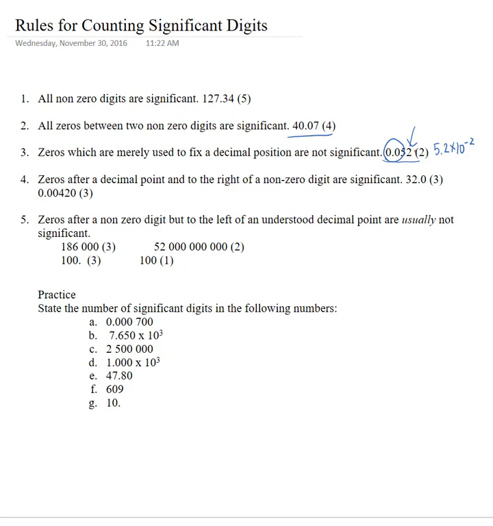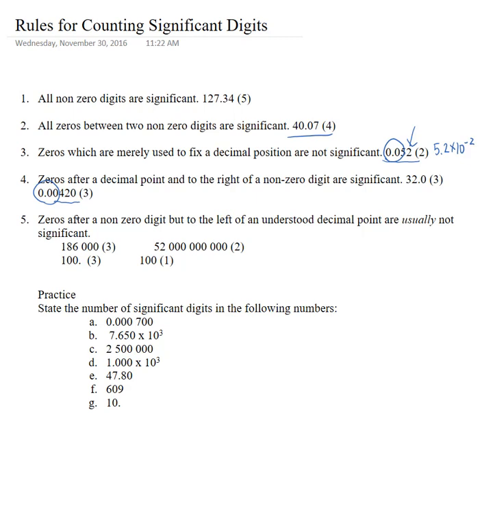For the same reason that the 5 and the 2 are significant, if we have zeros after those, so after the decimal point, after a non-zero digit, those will be significant. So these 3 are going to be significant digits. These leading zeros are still not significant, but what I'm saying here is that it's exactly 420, not 421, not 423, not 419, it's exactly 420.